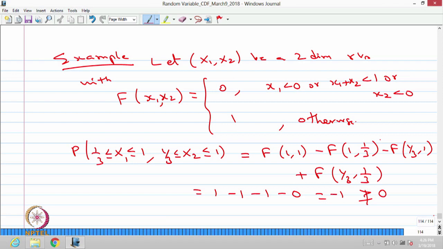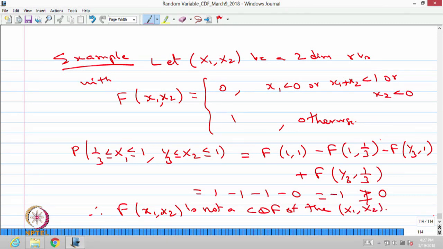So for any arbitrary points, this third property has to be satisfied. Since the third property is not satisfied, you can conclude this F is not a CDF of the random vector x1 comma x2, the two-dimensional random variable. We will give some example in which that is going to be a CDF. So, example 2.